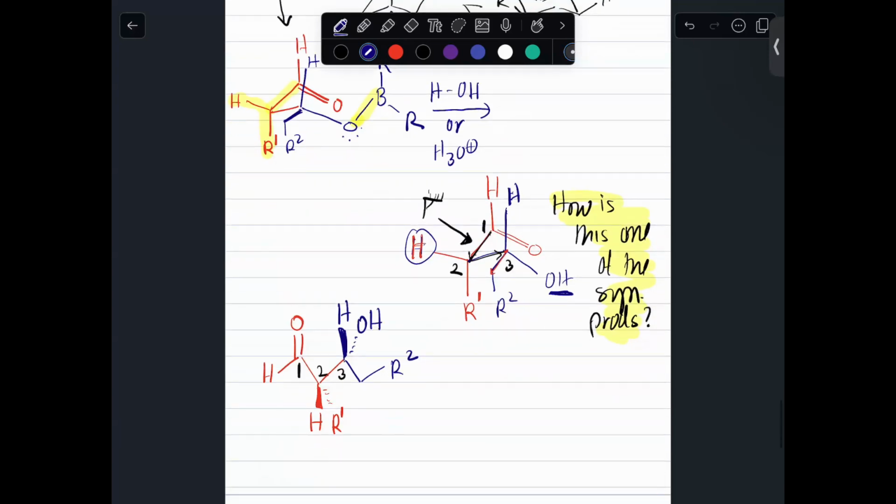Do you guys see that? And so if you notice, you have the syn conformation. And this specific transition state, where the aldehyde comes in from the front, is actually giving me the OH and the R1 group syn and dashed.